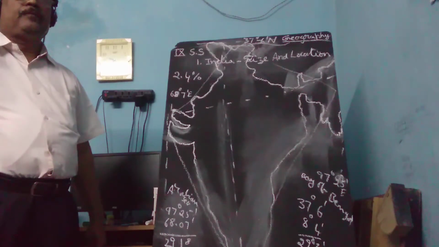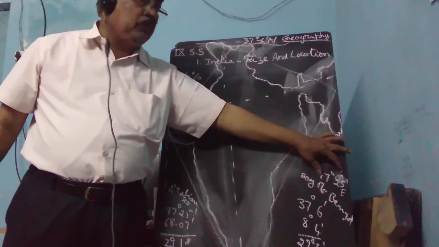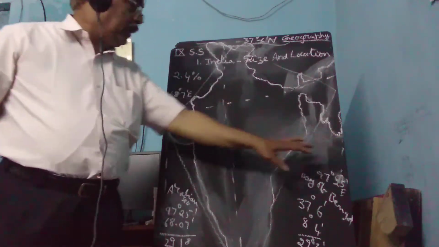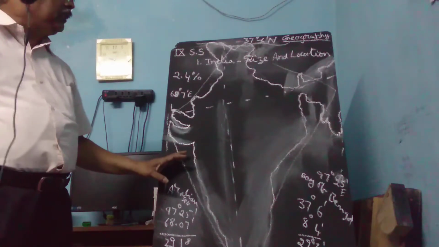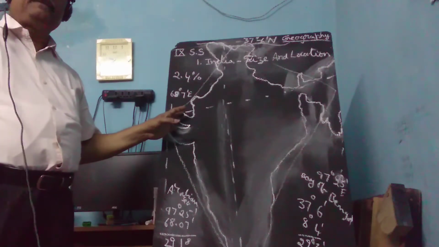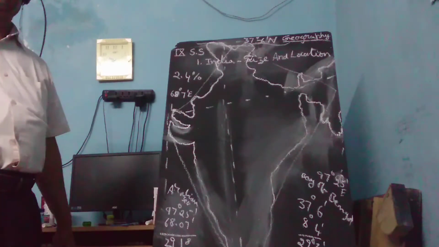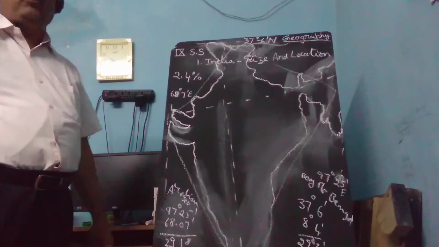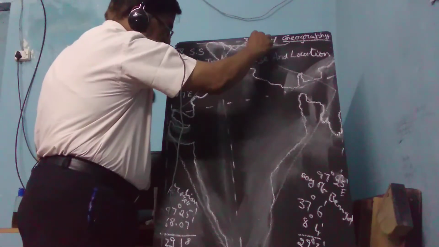First you add the easternmost longitude and the westernmost longitude. That comes to nearly 165 degrees, and we make it half. That comes as 82 point.